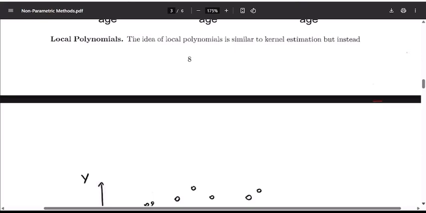Piecewise regression fits polynomials at different categories using a parametric procedure, but local polynomial uses a non-parametric procedure. We want to fit polynomials locally. I'm going to explain that to you, so this is where I'm going to start on Friday.